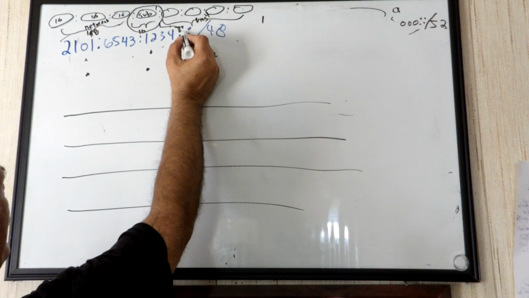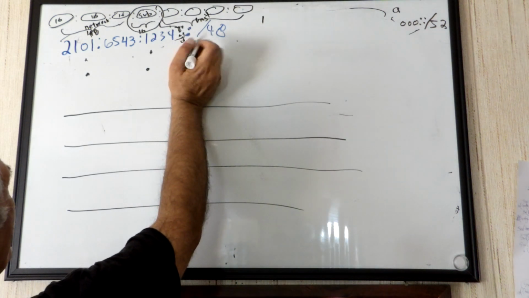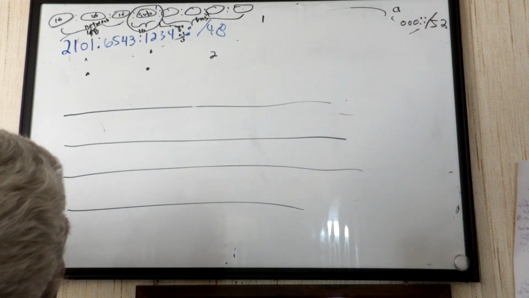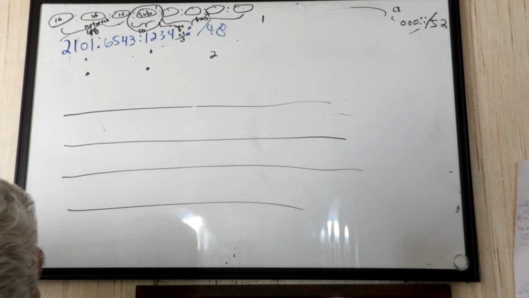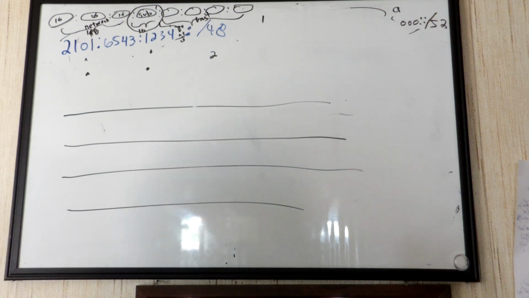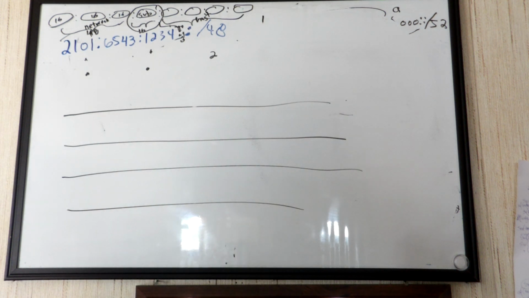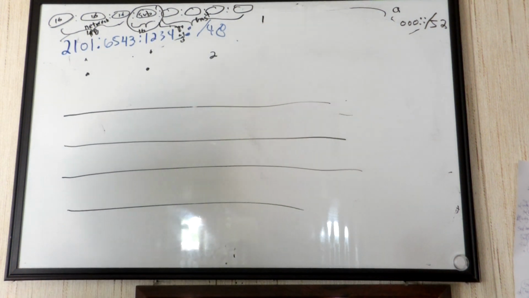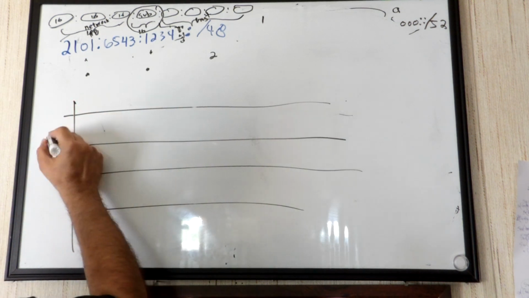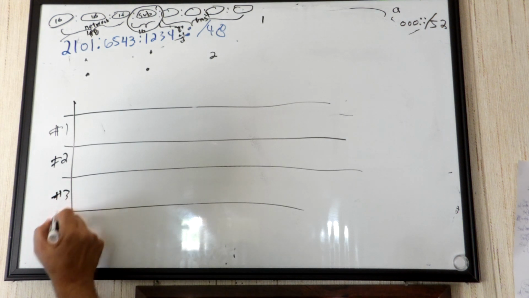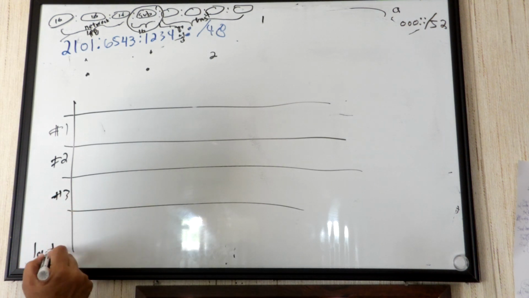There is in between here. This, you know, we had the ISP give you this one, and then you have to sublet it to different things. So we have 48. We say number 1, number 2, number 3, and the last one, the last host.